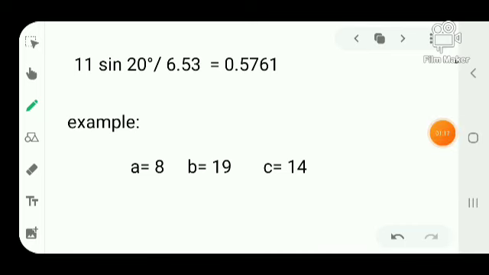So let's have another example. Given side A is equal to 8, side B is equal to 19, and side C is equal to 14. Find the measures of the angles.